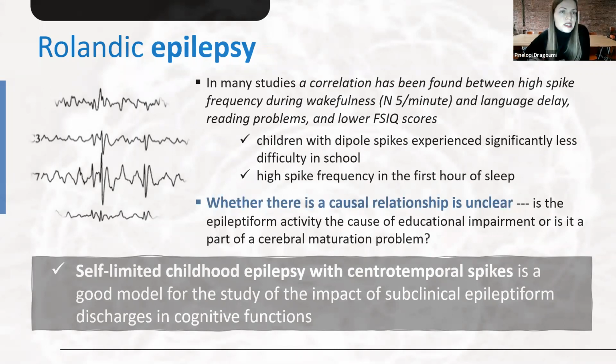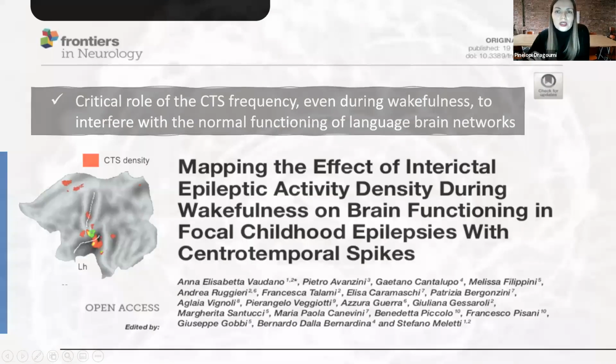And this is actually accepted, that there is this kind of impact, but we are not sure if there is a causal relationship, or if this epileptiform activity is actually causing the educational impairment, or is this the cerebral maturational problem that underlies these. But it has been shown that even during the day, there is a critical role of the frequency of these spikes, and these interfere in the normal functioning of some language-brain networks.